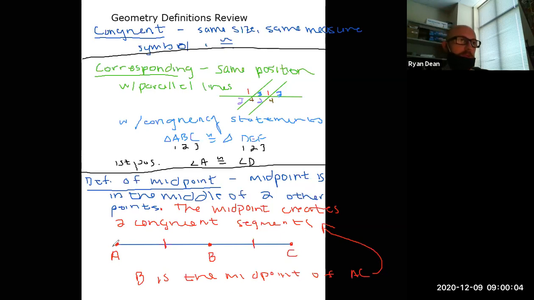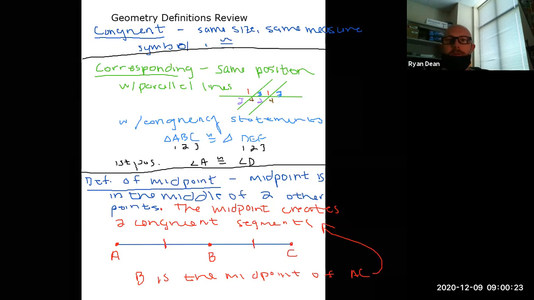The first segment being AB, and then the second segment being BC. Okay, so that takes care of that.